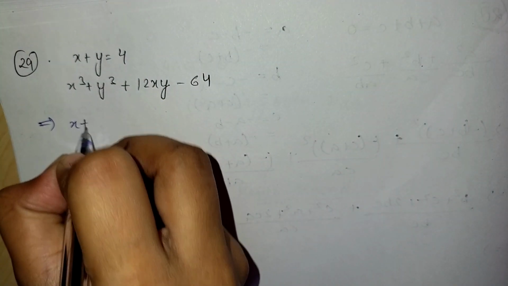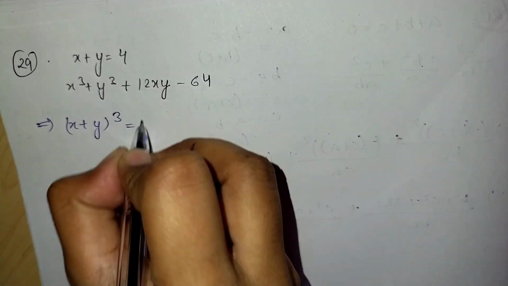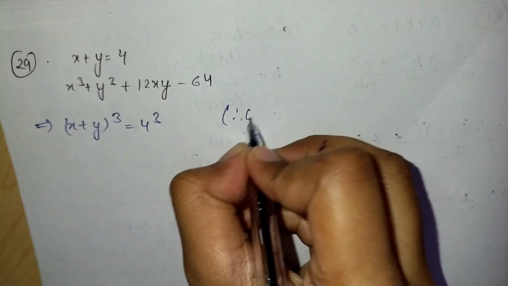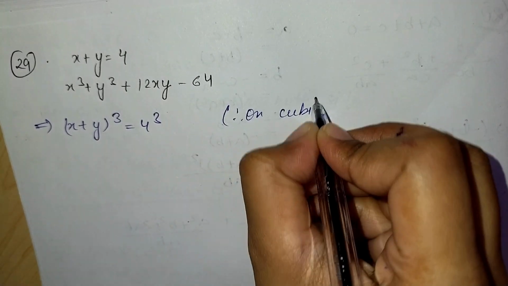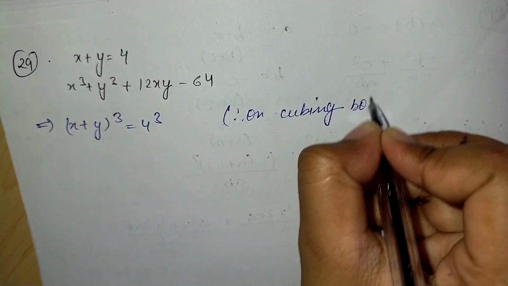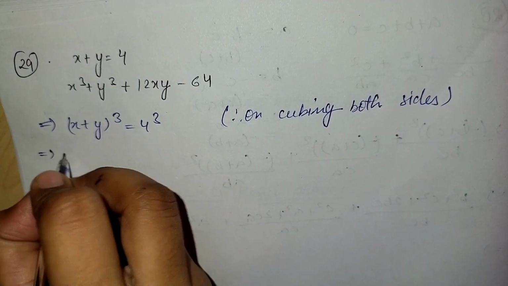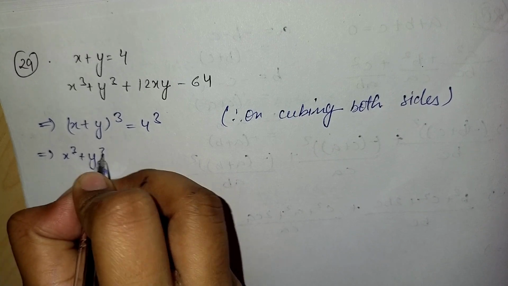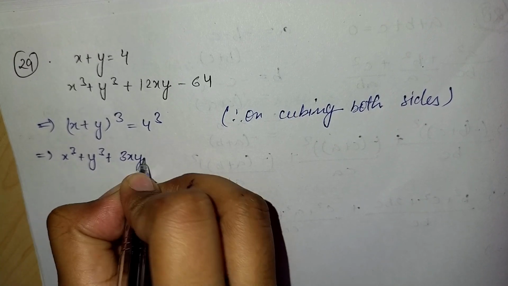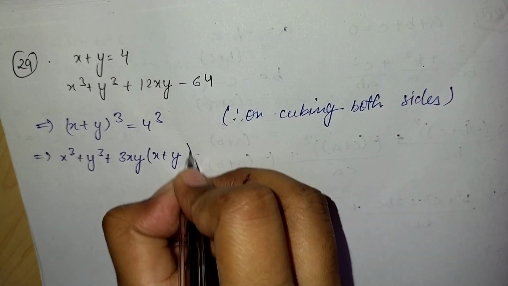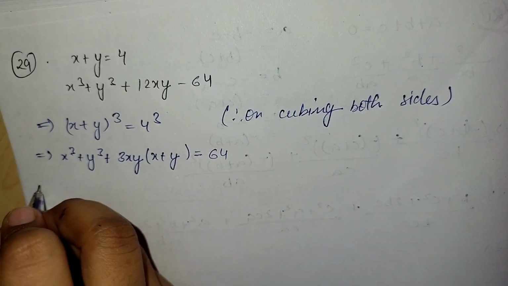So (x plus y) whole cube equals 4 whole cube. On cubing both sides, we will get x cube plus y cube plus 3xy(x plus y) equal to 64.